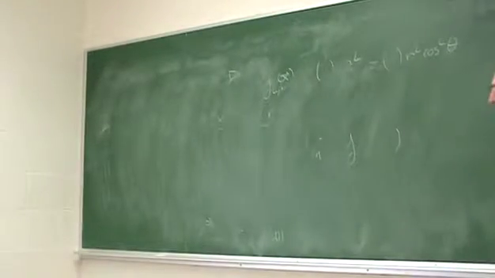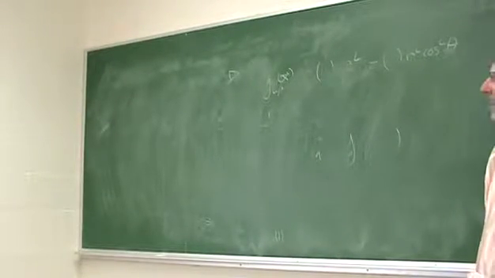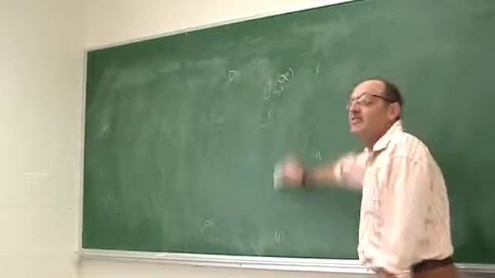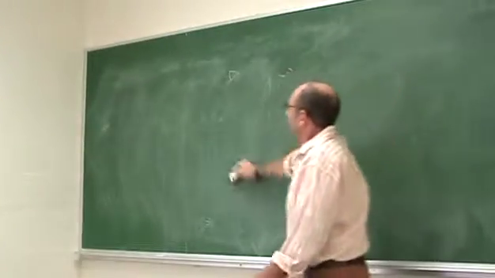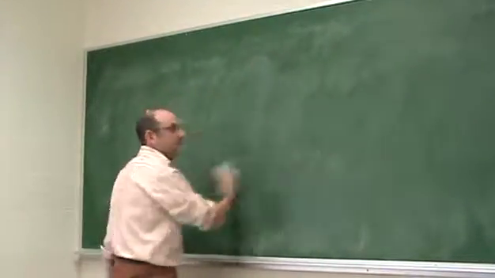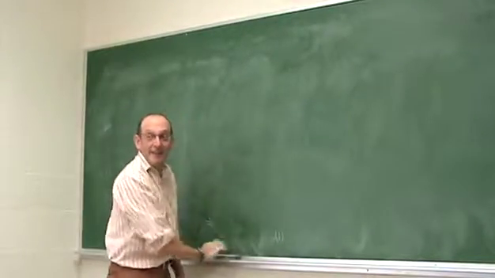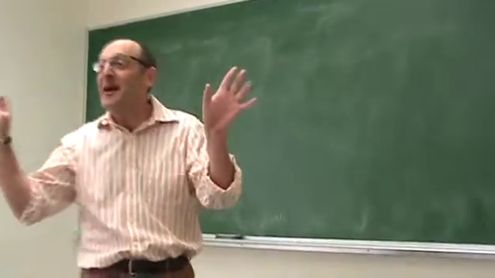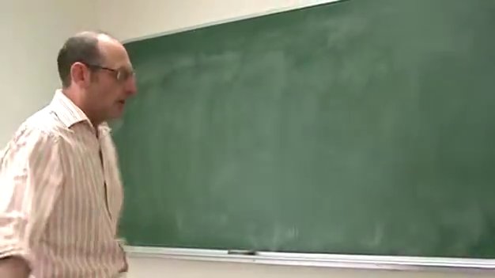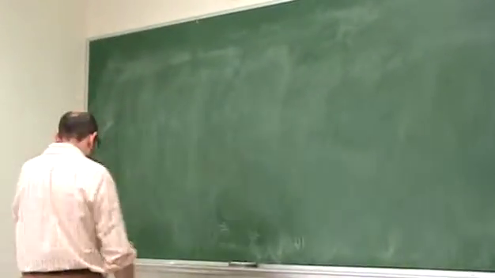Now, why do we care? There's a lot of math, a lot of definitions. Let's think about the physics now. Of course, I'll have to do some math to do that too, but let's think about that.